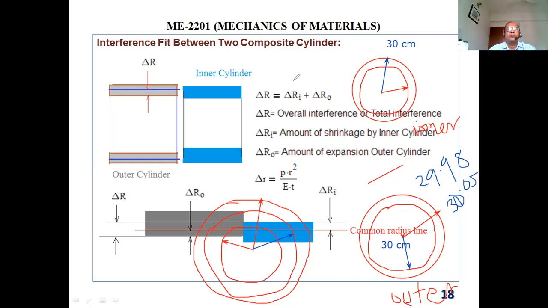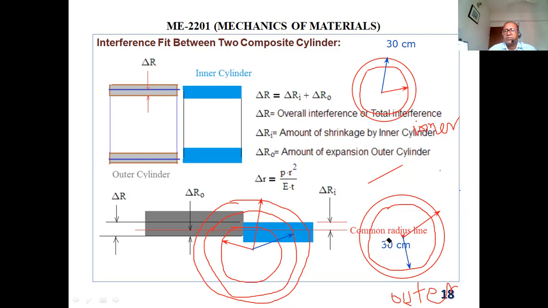we can do two things. Number one, we can make the outer diameter of the inner cylinder a little bit smaller. So this is the outer diameter of the cylinder.